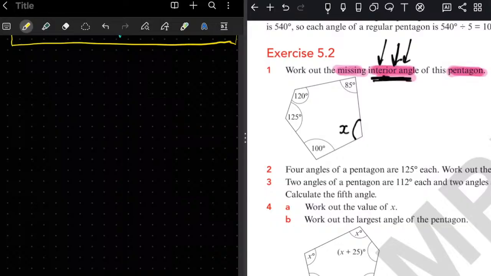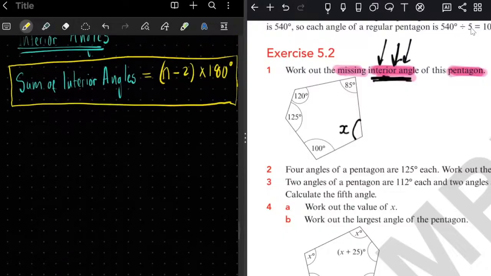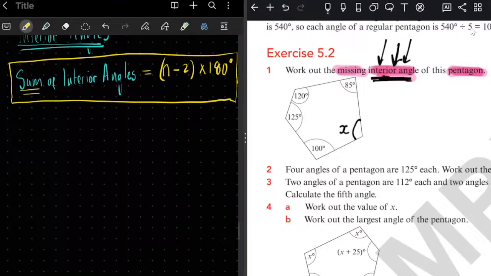Don't break the rules. Students, no good student breaks rules. Listen to how you do it. Anything which says the word interior, I want to see you say n minus 2 times 180 is the sum of interior angles. N minus 2 times 180.